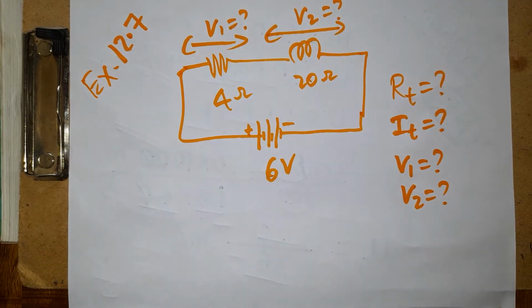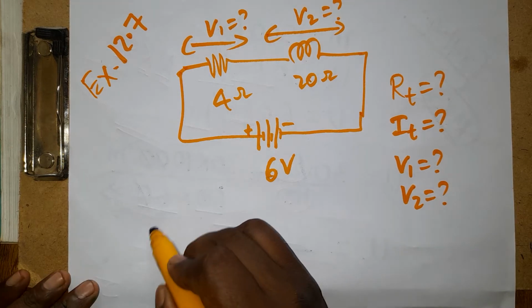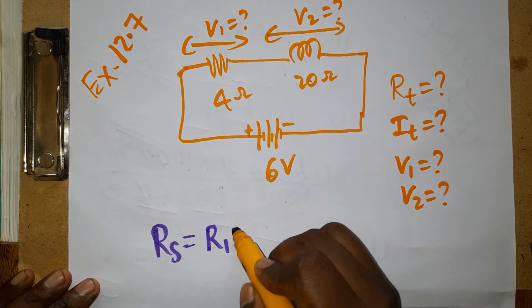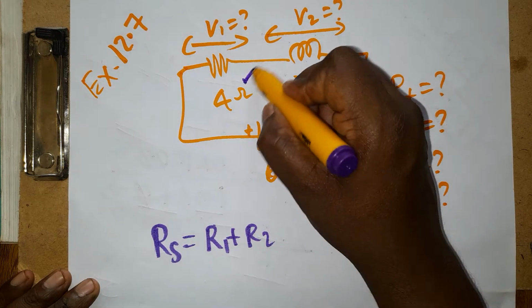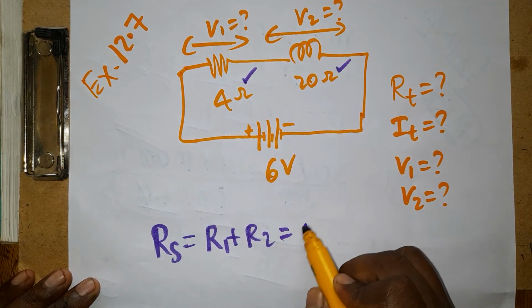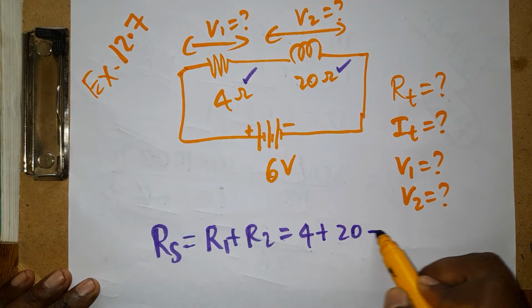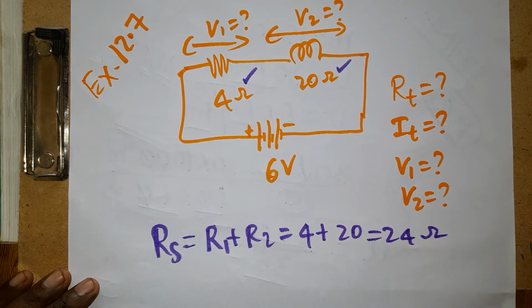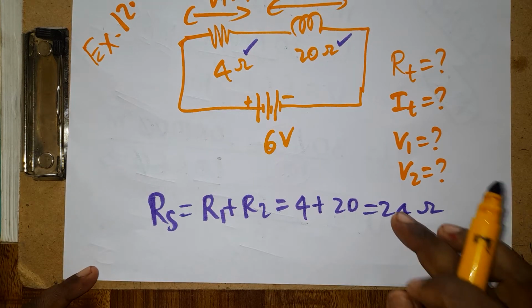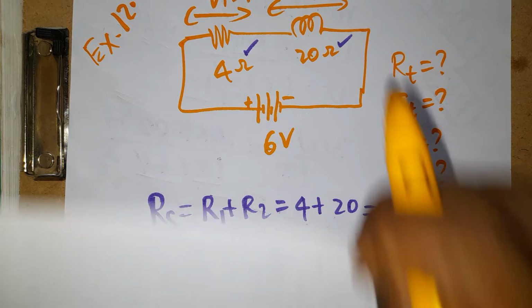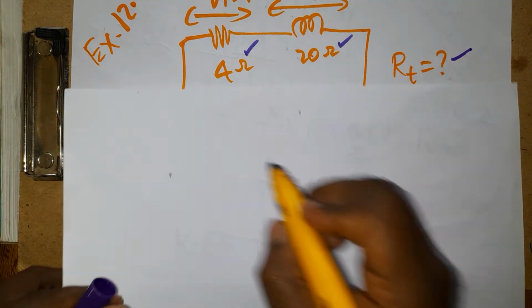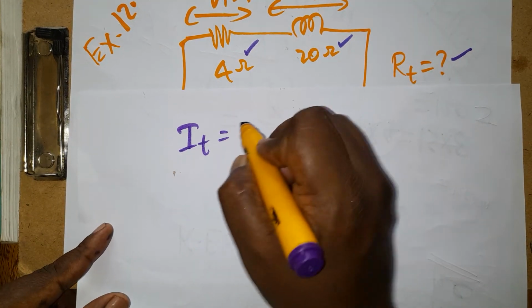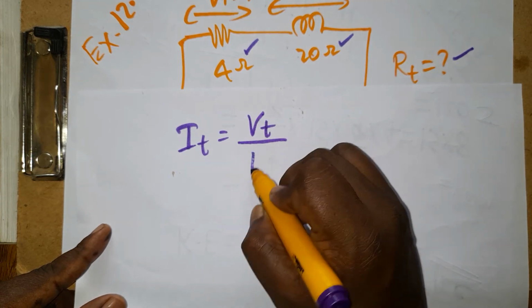Now, the total resistance. Resistance in series, RS is equal to R1 plus R2. What is R1? 4 ohms. What is R2? 20. 4 plus 20 gives 24 ohms. R total in this problem is 24 ohms. Now I total is equal to V total divided by R total.